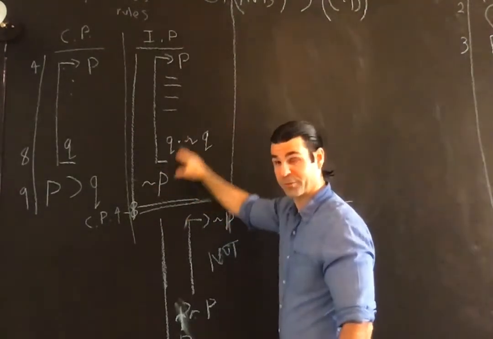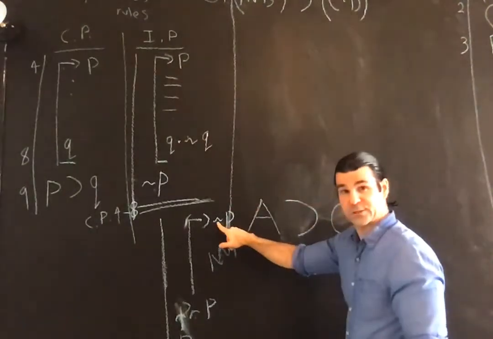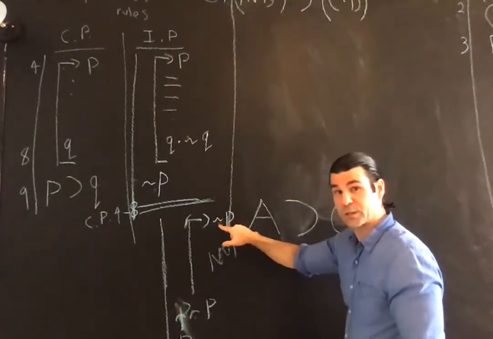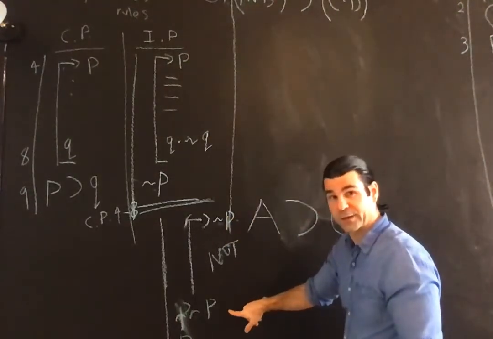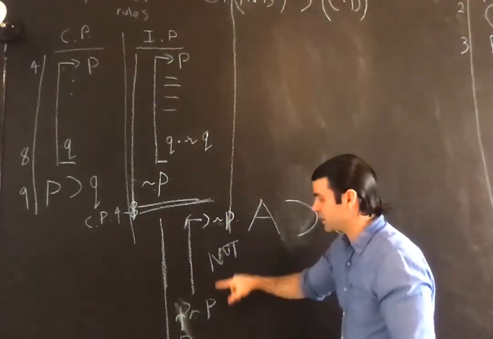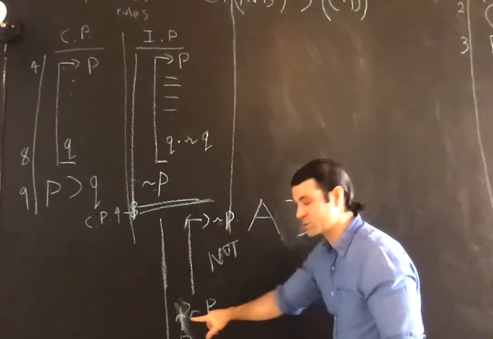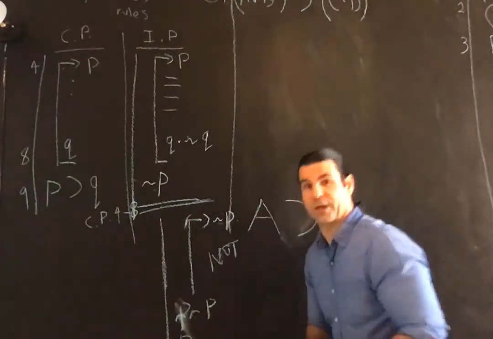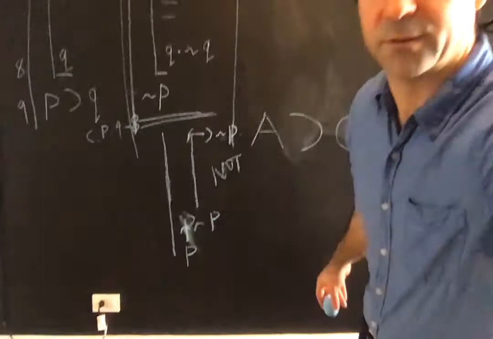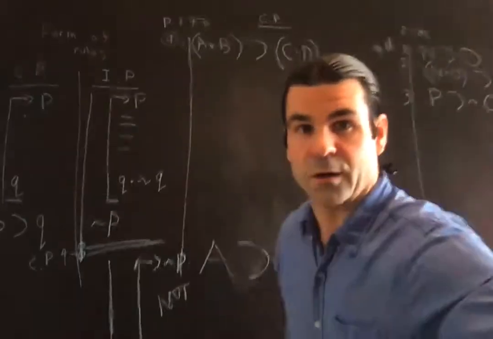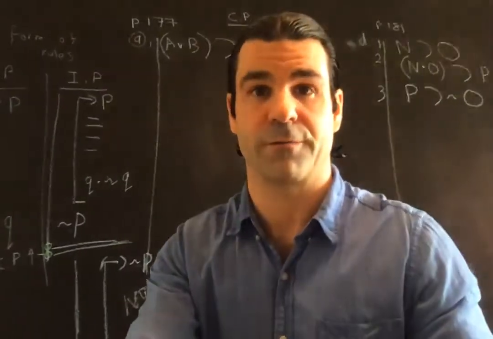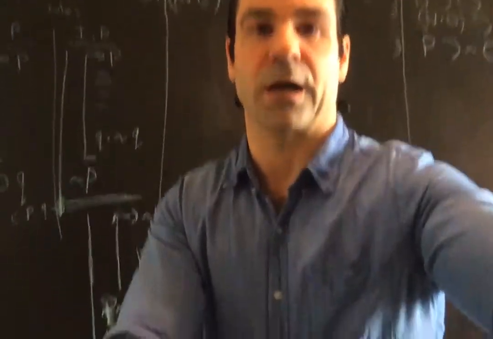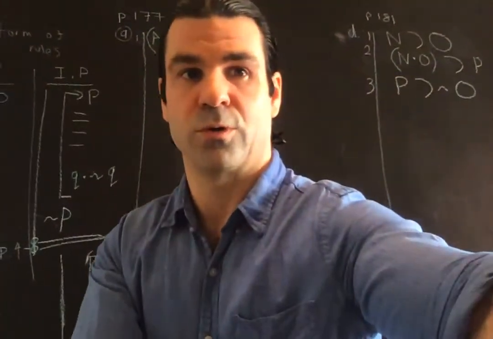That's the proper form. So if you start with the assumption not P, the conclusion, you have to add a negation to what you assumed. From not not P, you can, of course, infer P by double negation. All right, so let's look at some examples of how to apply these two rules.